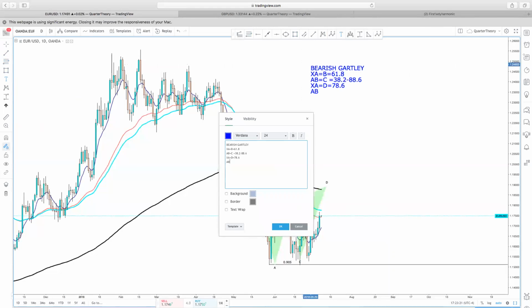You have an ABCD fifth confluence, and that equals a 127. Your A to D equals your take profits. Your take profit 1 is a 38.2, and your take profit 2 is a 61.8.